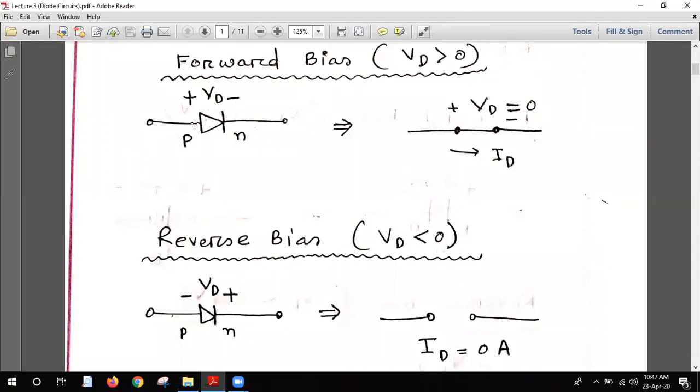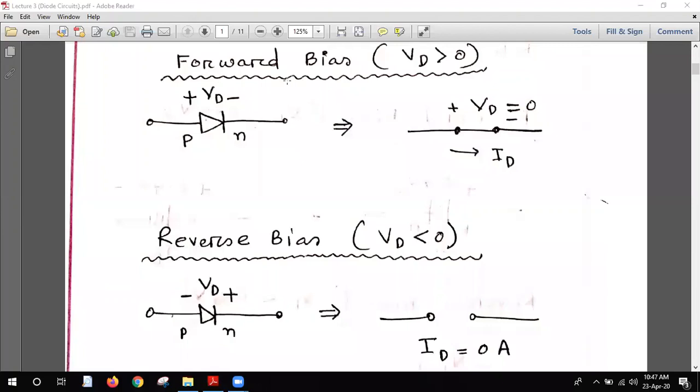This is known as the positive bias configuration. At that time, the ideal diode will just act as a shorted line. There will be no voltage drop, but the current will flow. It's just like two terminals shorted.